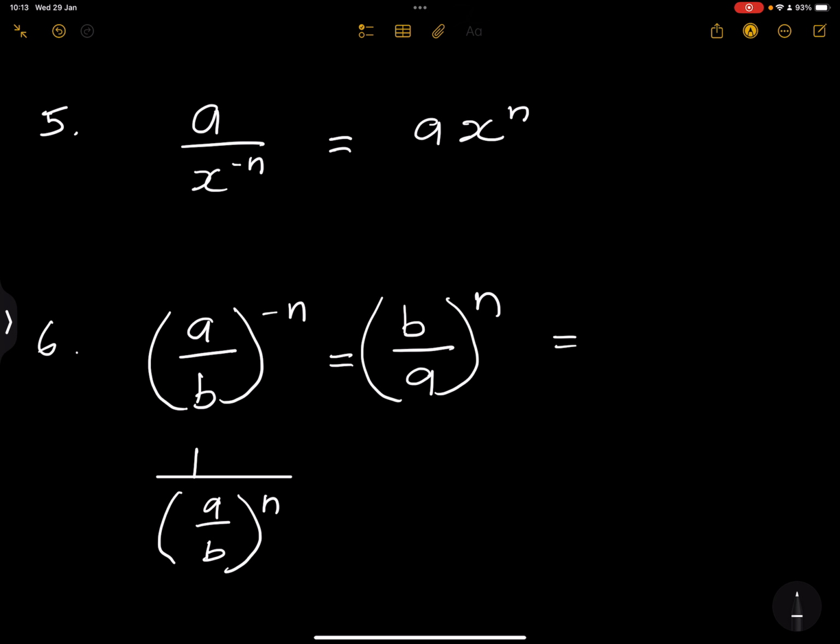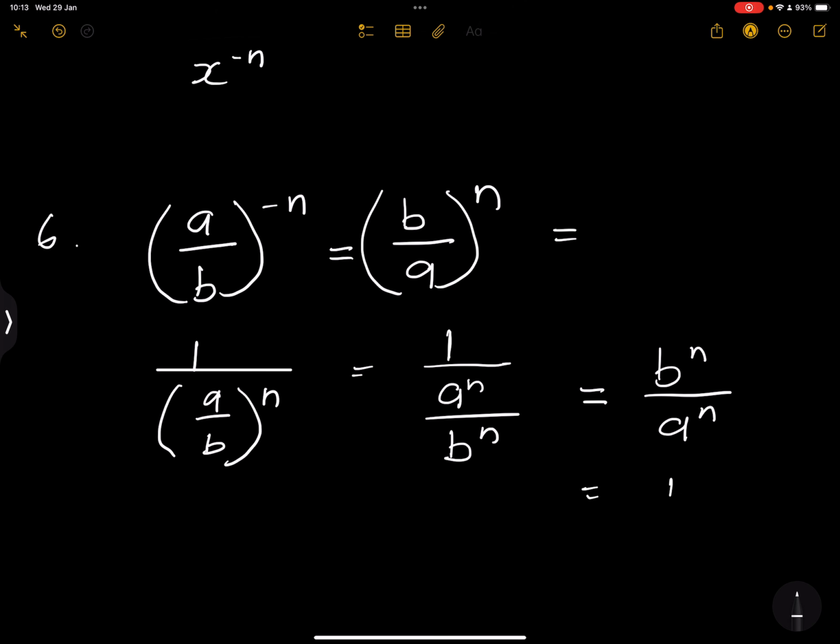And in this case, we can write this as 1 over a to the power of n divided by b to the power of n. And of course, if we apply our laws of division, then that becomes b to the n divided by a to the n, and as a result that can become b over a, all to the exponent of n.